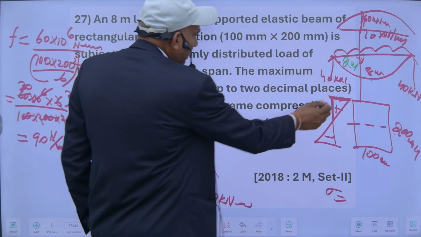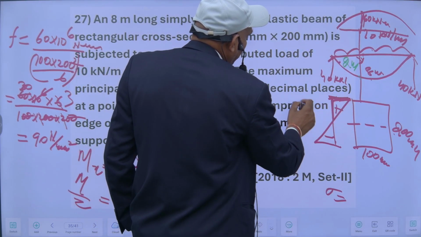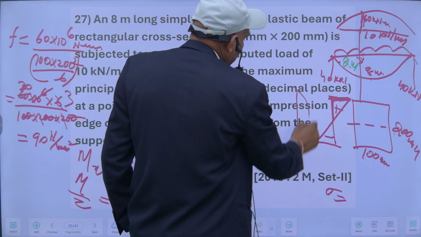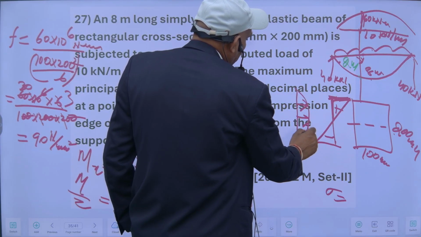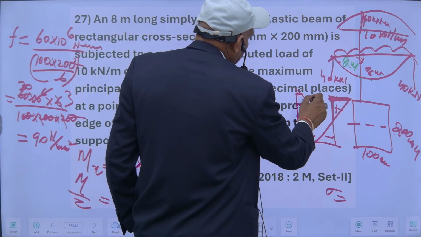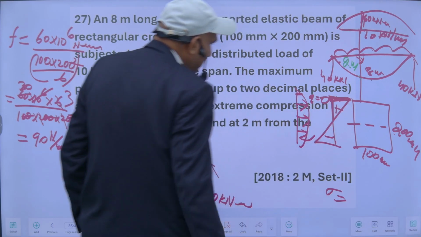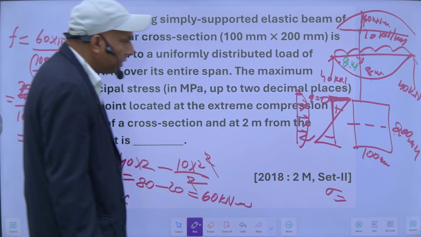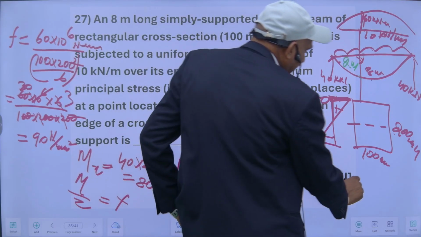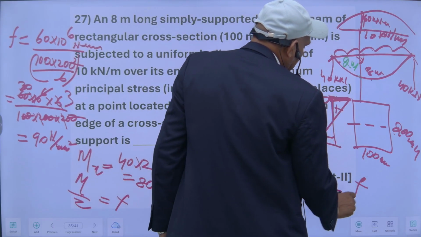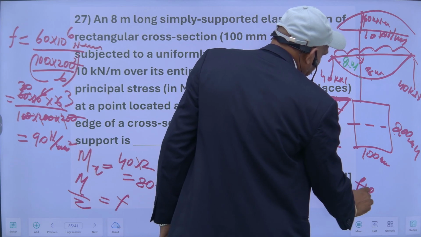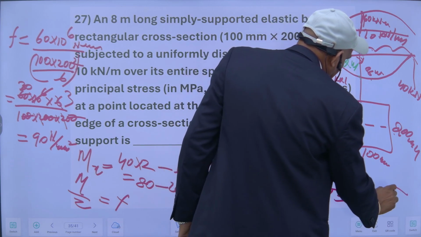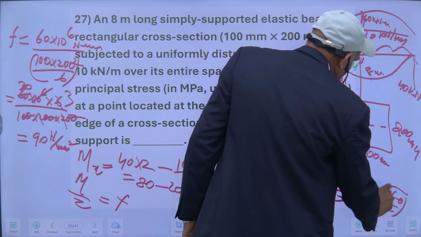Now, the shear stress here is like this. Where compression is maximum, my shear stress Q is equal to 0. Q equal to 0 means the formula of principal stress is F plus 0 by 2 plus or minus the square root of F minus 0 by 2 whole square plus Q square.